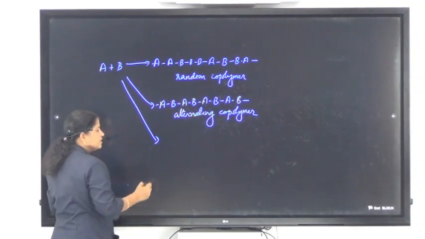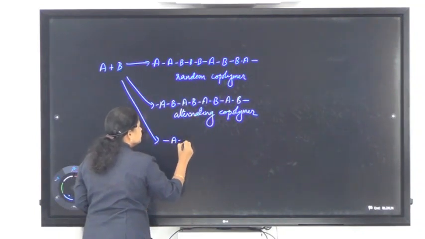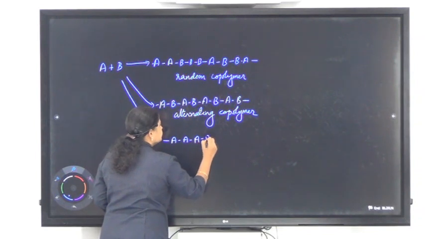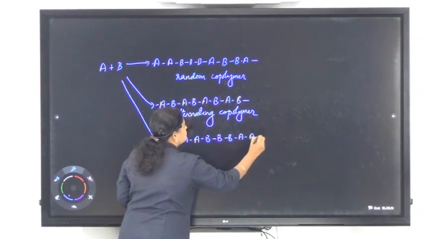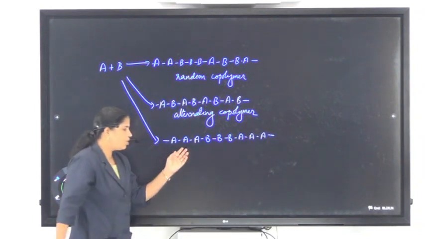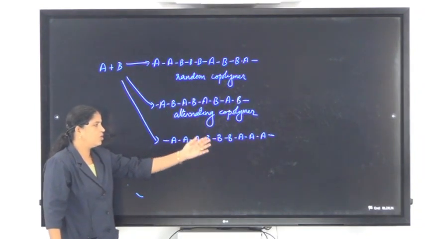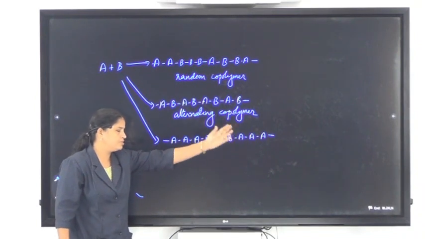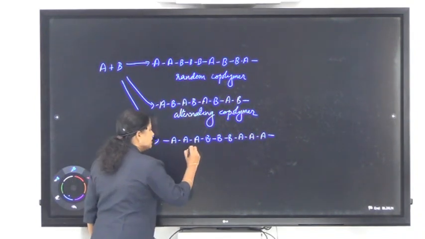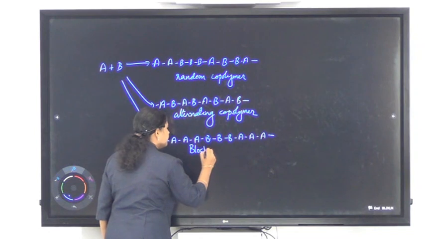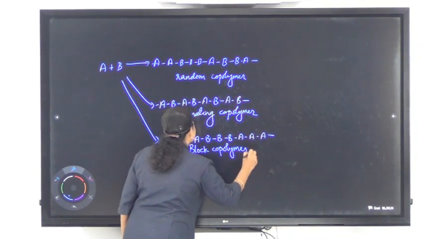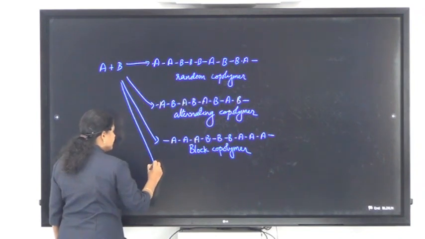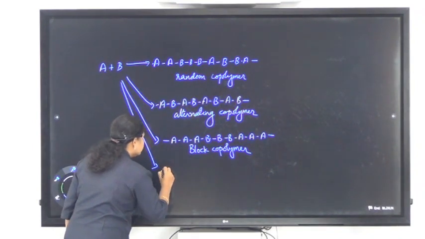Then it can also link like this: a block of the first monomer, then a block of the second monomer, then a block of the first monomer, like that. That is called a block copolymer. Lastly, it can also form like this.